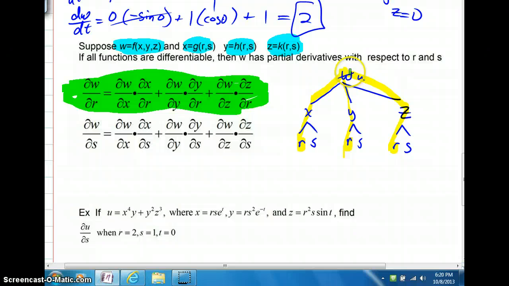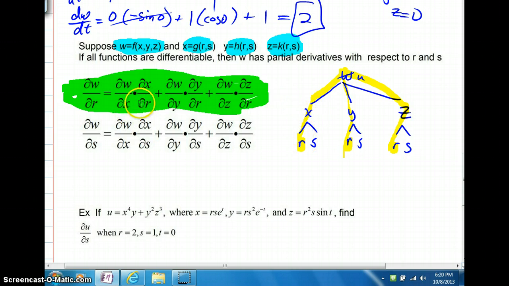W, I crossed it out, but imagine it's still up there. W can be linked to r through x, through y, or through z. And this tree actually does prove helpful. So I could take a partial derivative of w with respect to x, but then multiply by the partial derivative of x to r.